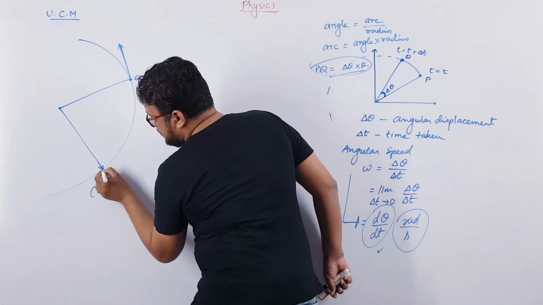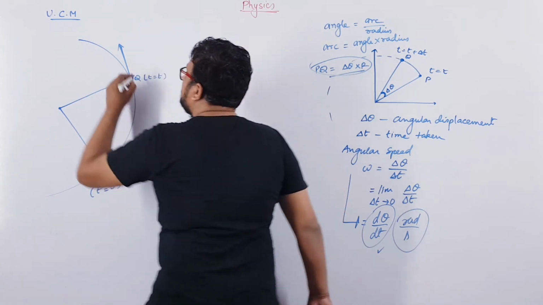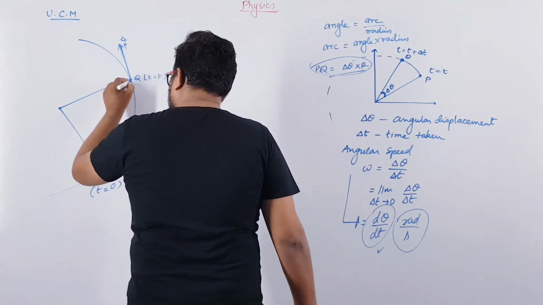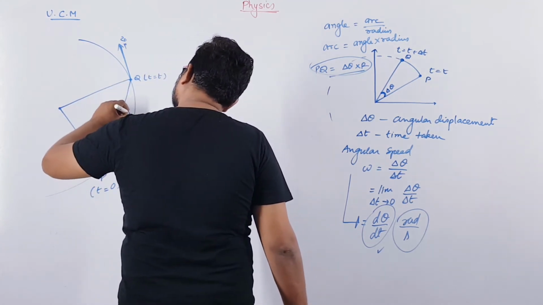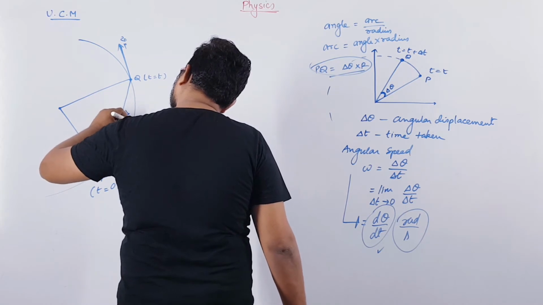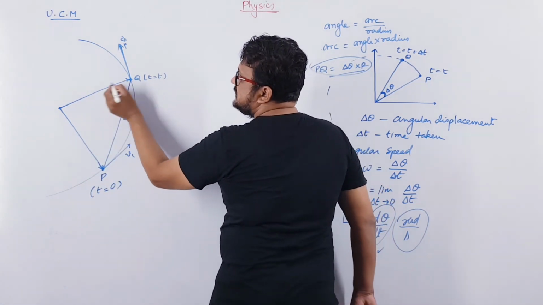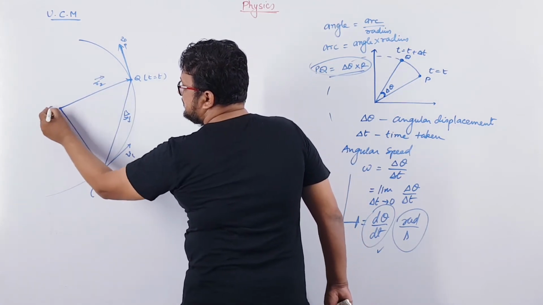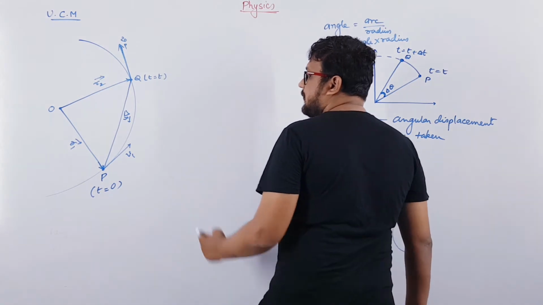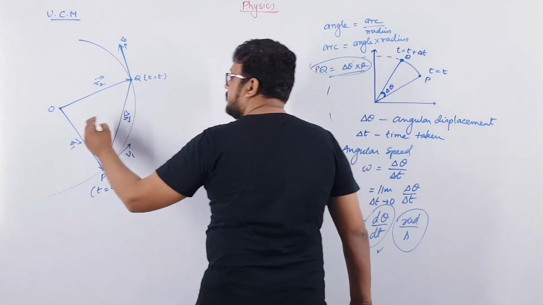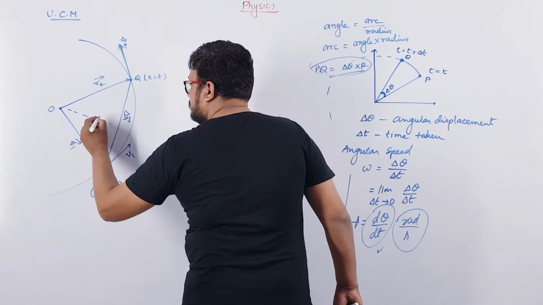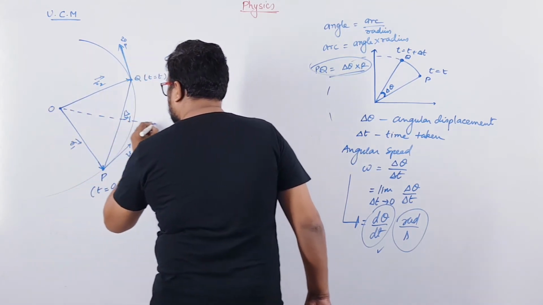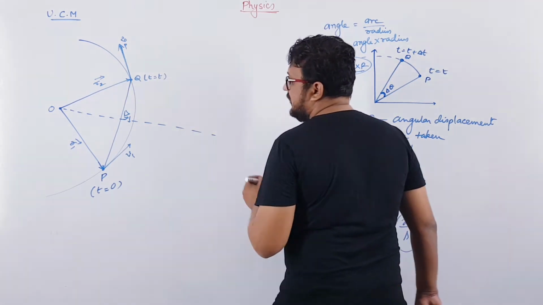So here velocity is in this direction, that is v1, and here velocity is in this direction, that is v2. So this will be the perpendicular distance between P and Q, that is delta r. Let us say this distance is vector r2, and this is r1, what we have discussed initially, right? If we draw perpendicular to delta r, we'll get delta v.